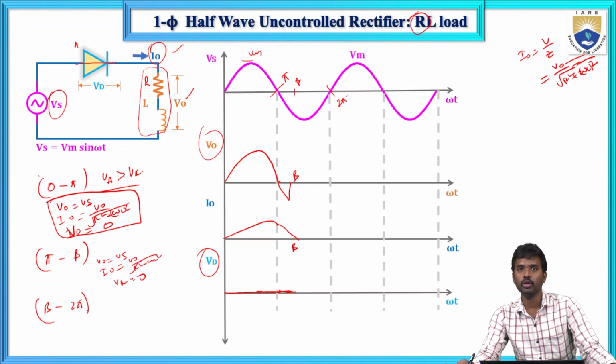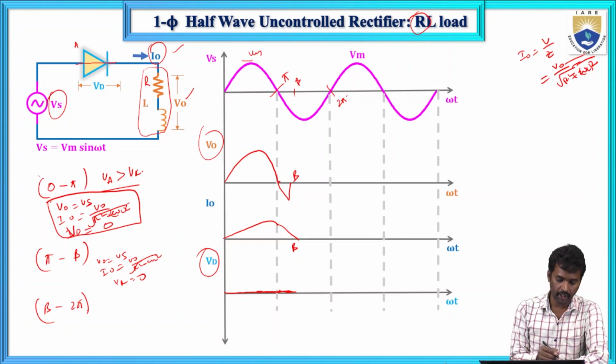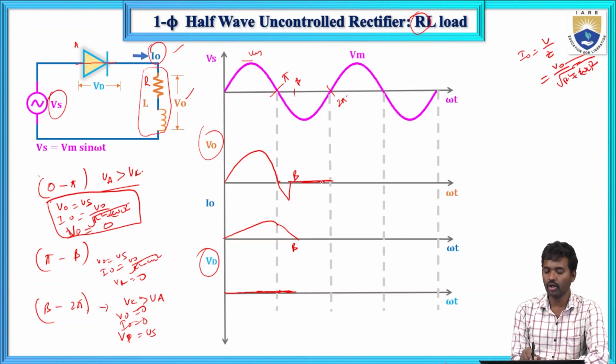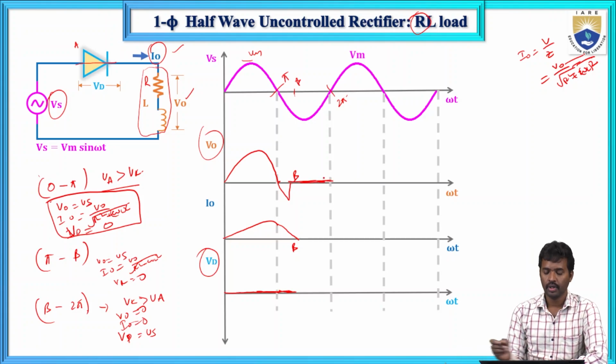Now what about beta to 2 pi? In this case Vk is greater than Va, and the diode voltage Vd equals Vs, while V naught equals 0 and I naught equals 0. So the output voltage is 0 and the output current is 0.